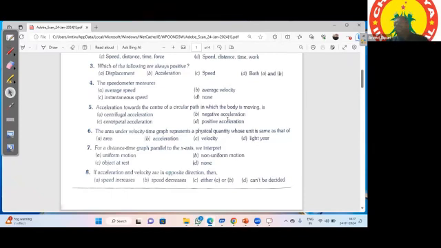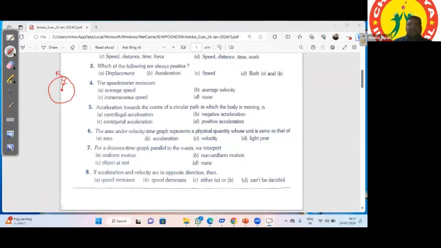I have explained this many times. See, observe the circular motion. In the case of circular motion, the object moves in a circle, and the centripetal force always acts towards the center of the circle. So when an object is moving in a circle, it has its displacement tangential to the circle.